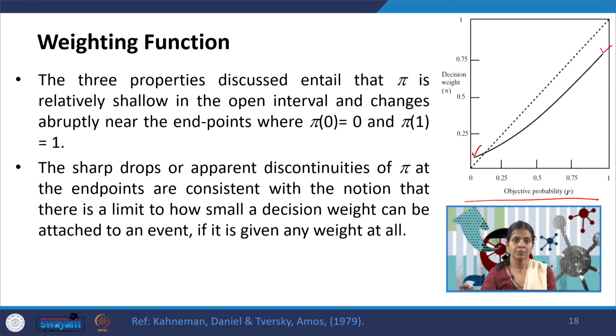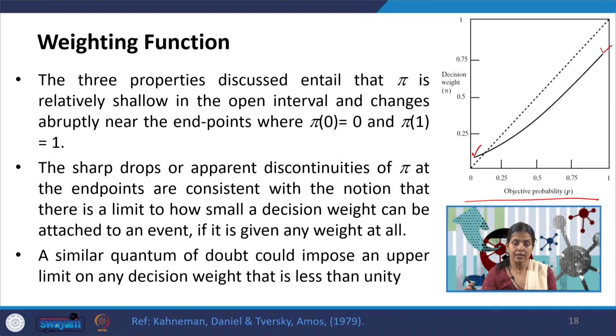The sharp drops or apparent discontinuities of pi at the endpoints are consistent with the notion that there is a limit to how small a decision weight can be attached to an event, if it is given any weight at all. A similar quantum of doubt could impose an upper limit on any decision weight that is less than unity. So, basically here these discontinuities are because of bounded rationality.